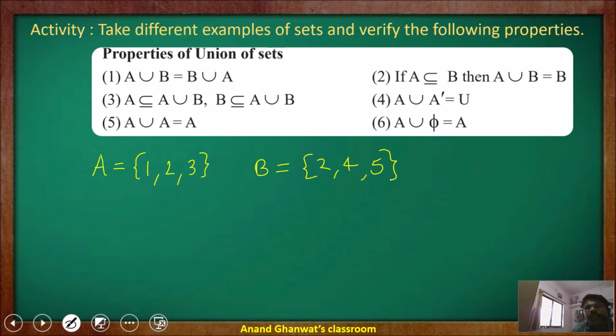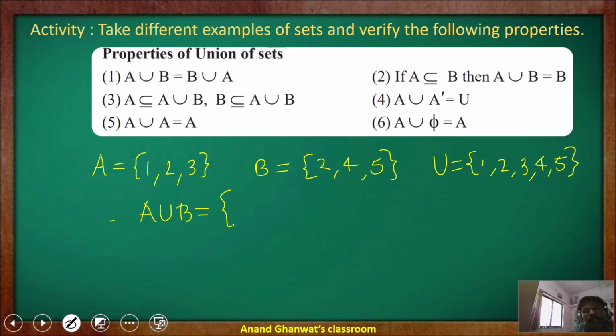And let us take universal set U, it is equal to 1, 2, 3, 4 and 5. Now A union B is a set of all elements either present in set A or set B. That is 1, 2, 3, 4, 5.